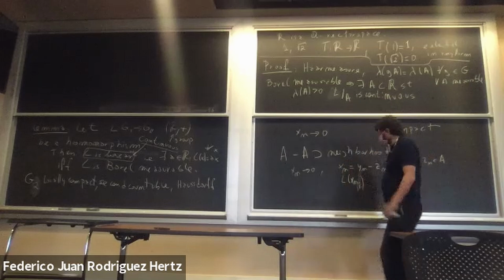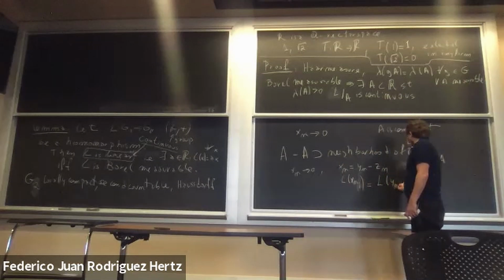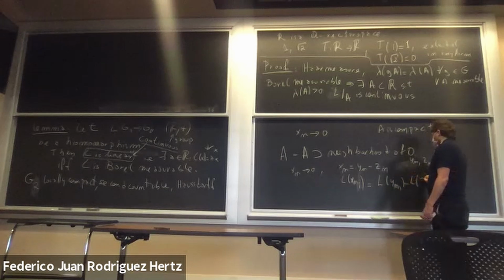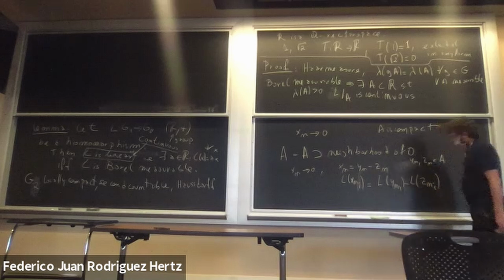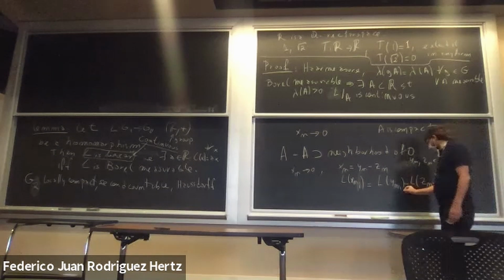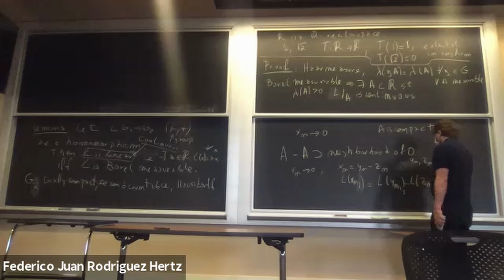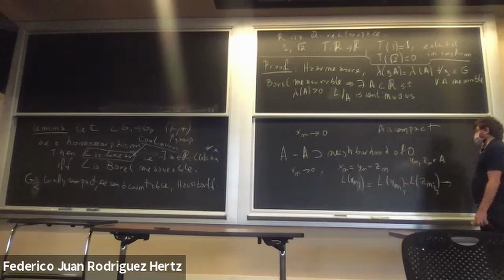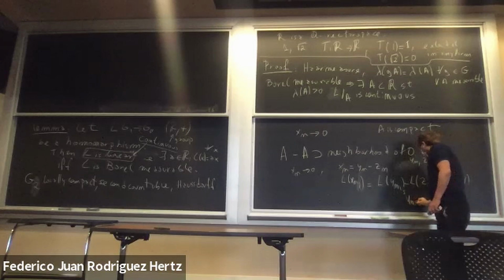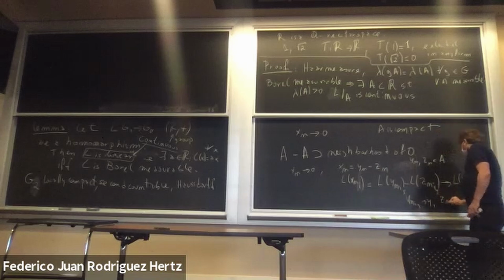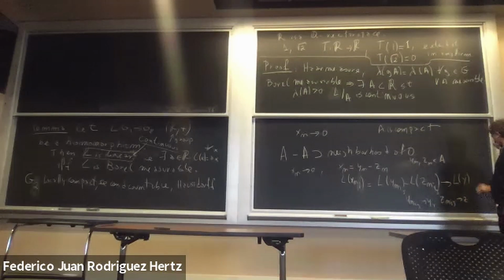I don't need to rule out the divergent, but this is L of y_n minus z_n, and I can take a subsequence of these, a subsequence of the subsequence, any subsequence, and this will go to L of y minus z, which is 0 because y minus z is 0.